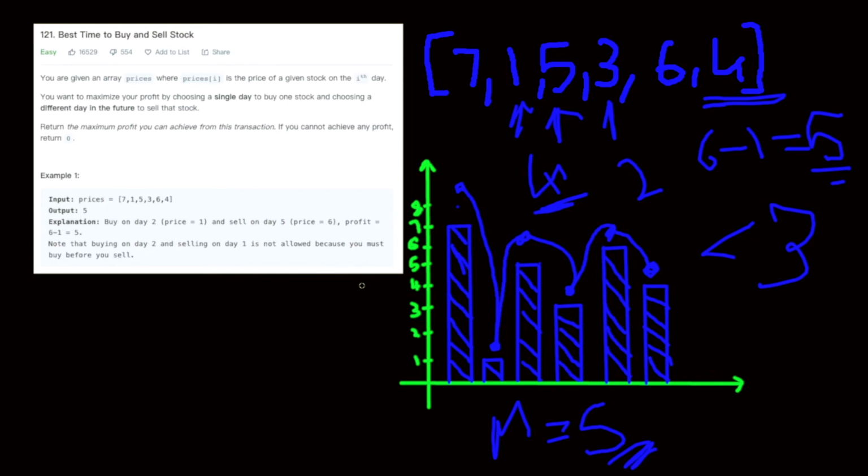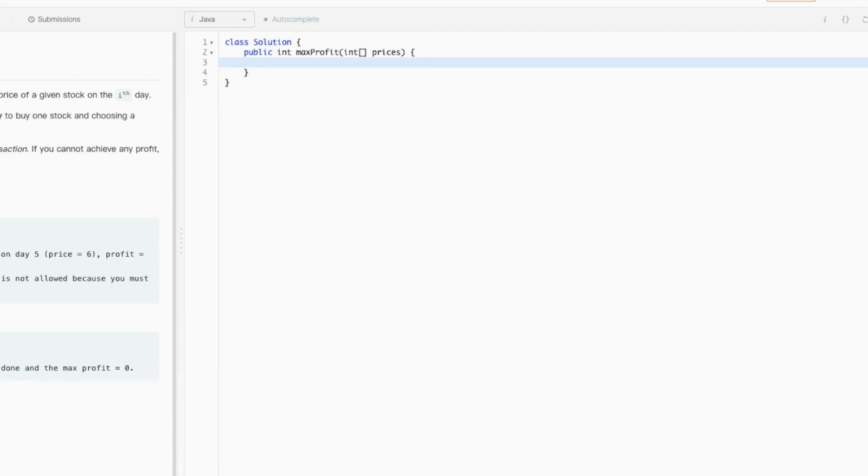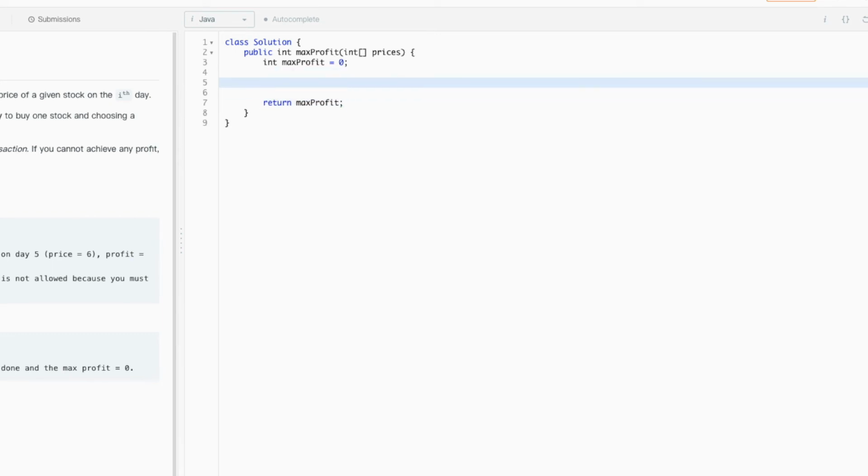If I were to code the solution, first start off by defining a max profit, setting it to 0, and we'll add a return statement here. Next, we want a pointer which keeps track of the day we buy the stock.